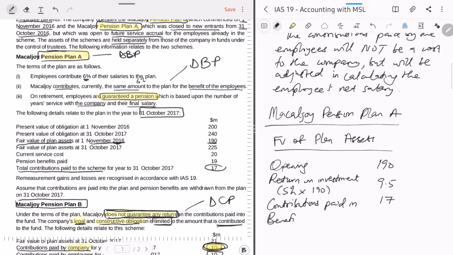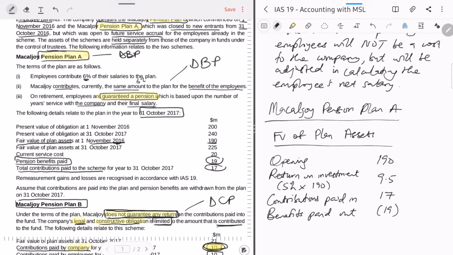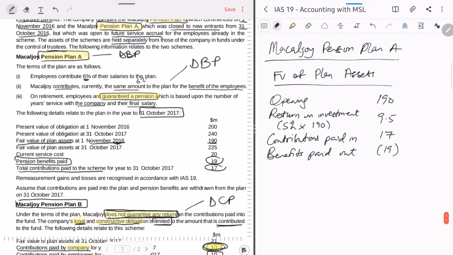Benefits paid out. So let's come back here. Pension benefits paid is what? 19 million. So you deduct 19. Okay. And I told you all of this will give you what? Your expected value.